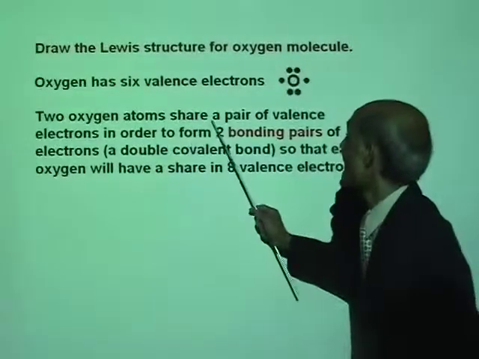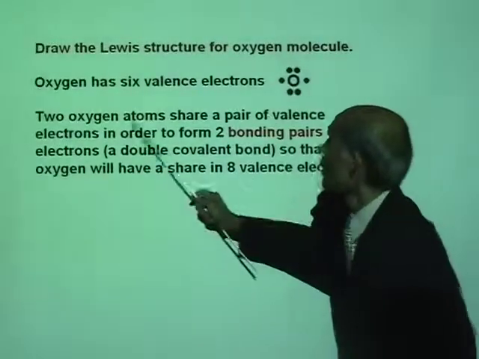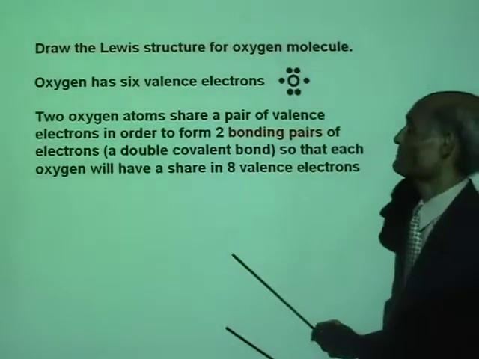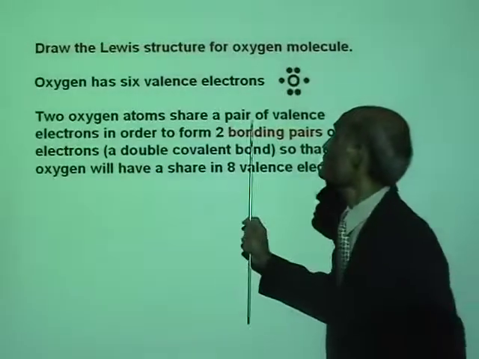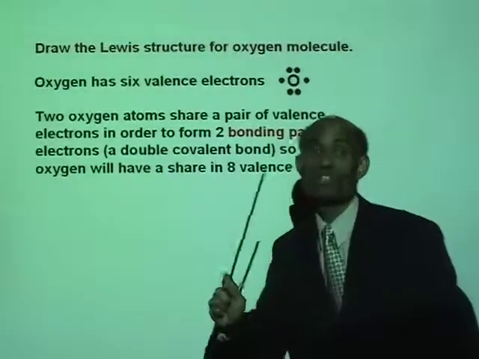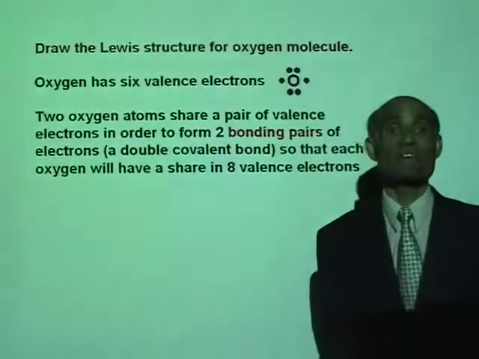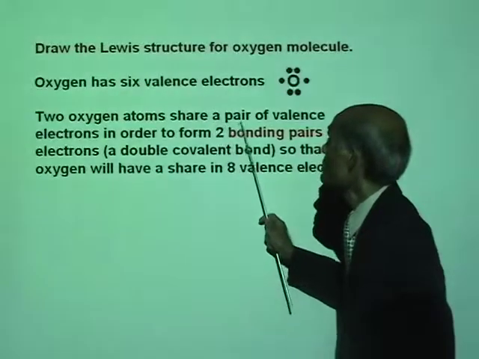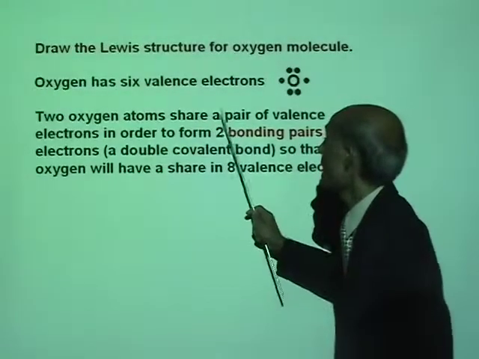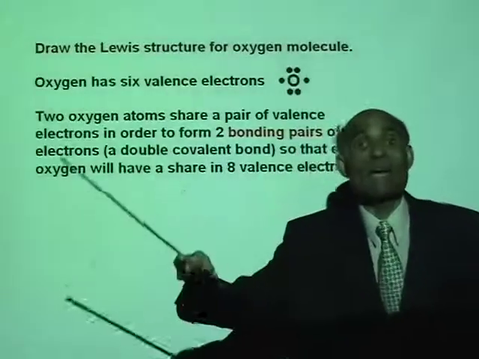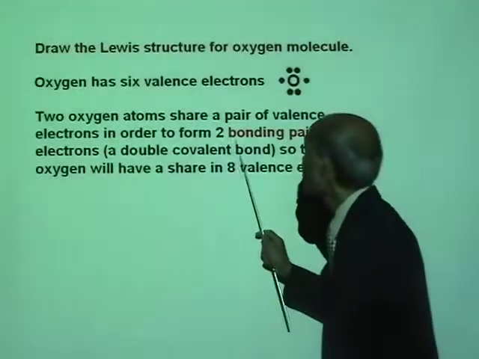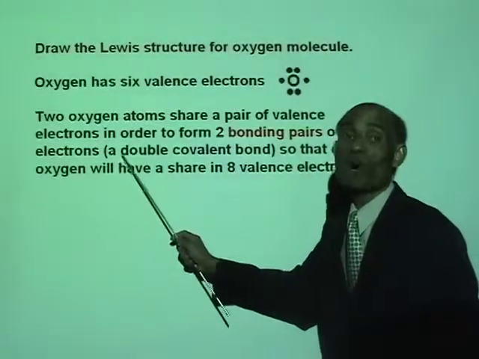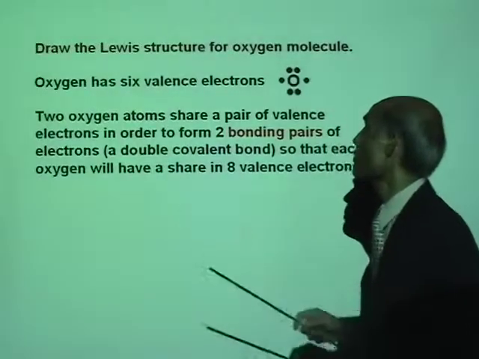So they're going to share not a pair, they're going to share 2 pairs of valence electrons. That means there will be 2 bonding pairs there. And the covalent bond then is called a double bond.